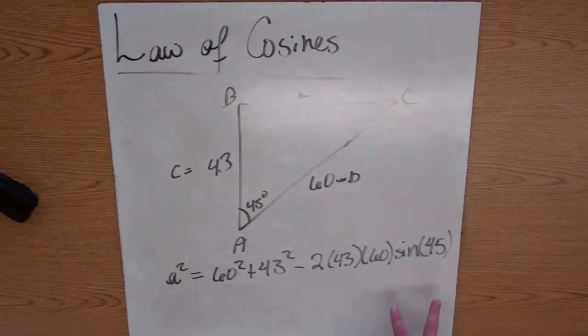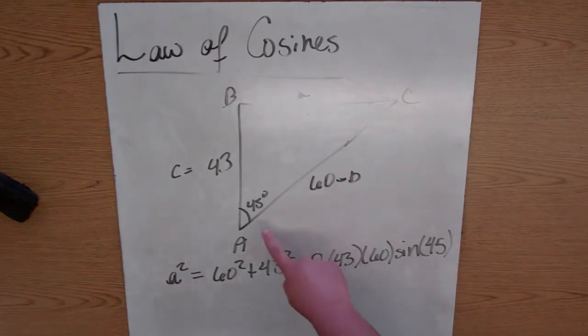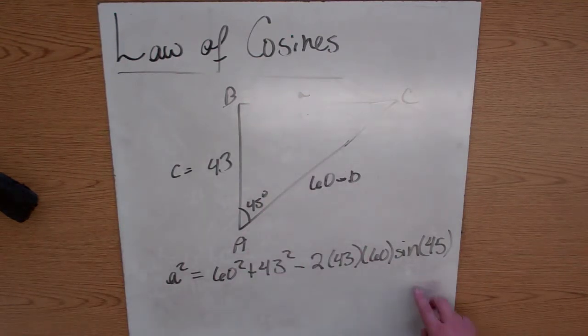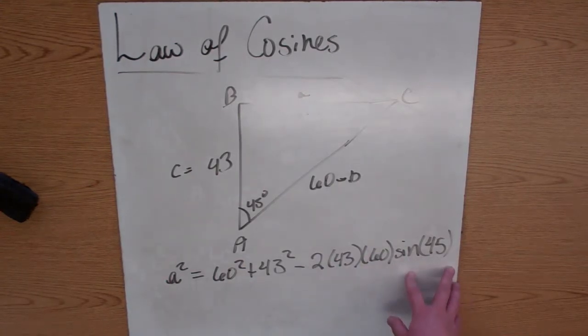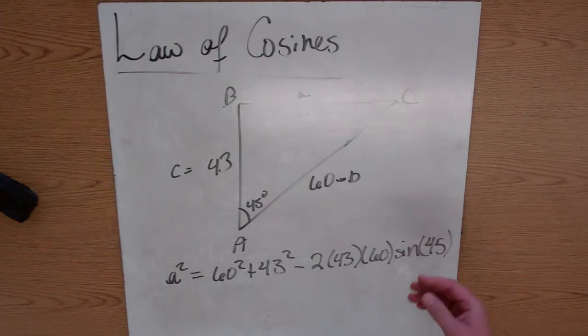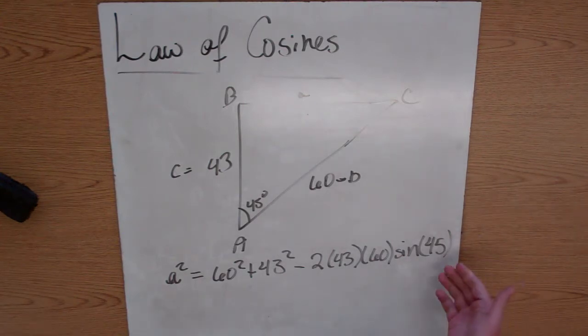Now the only thing is, when you go to find the angle, if we didn't know this, if we just knew little a, we didn't know this was 45 degrees, you'd still fill all this in, but this would just be the cosine of A. So you'd solve this down to get the cosine of A equals a number, kind of like we've done with law of sines. Then you take the inverse cosine of that number to actually get your angle A.